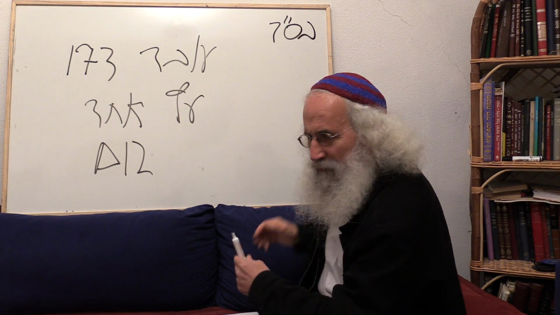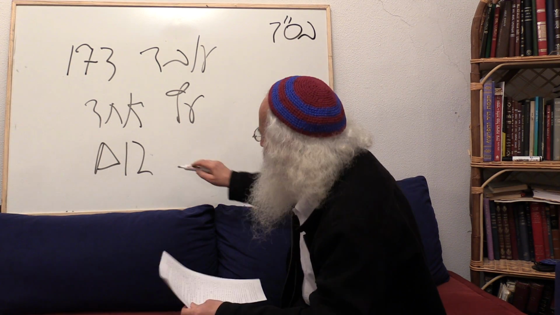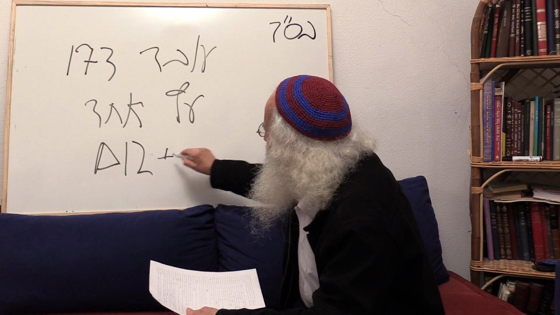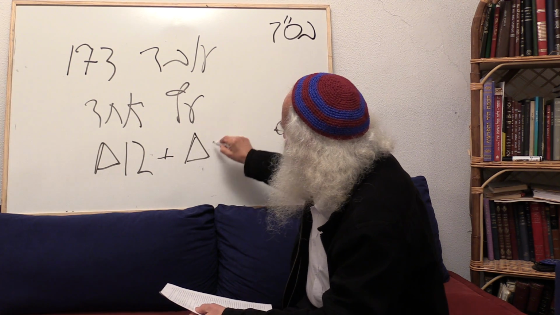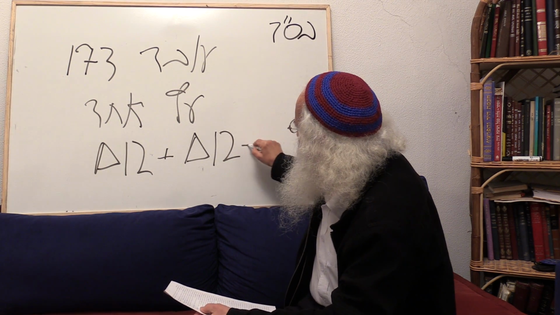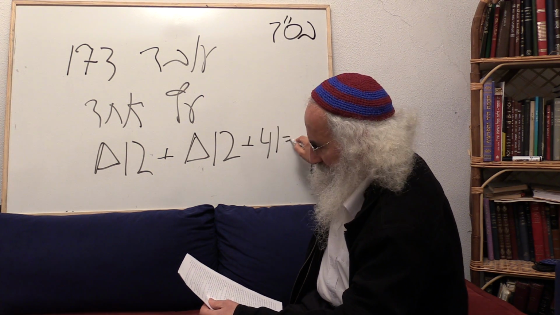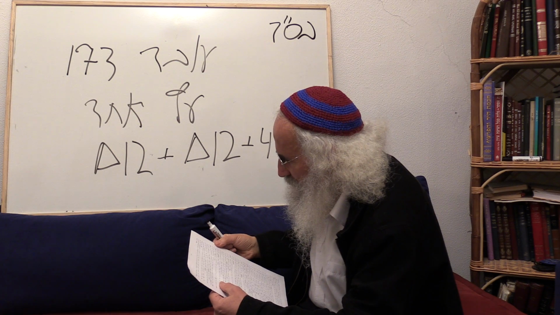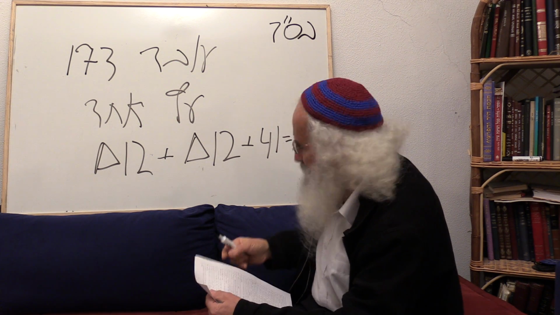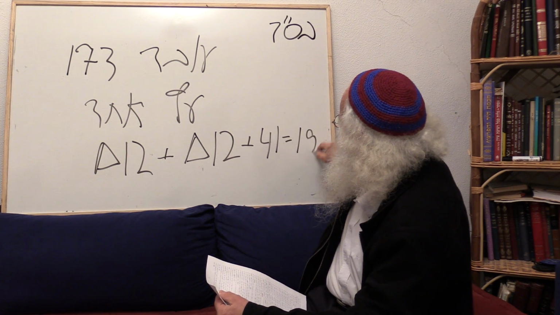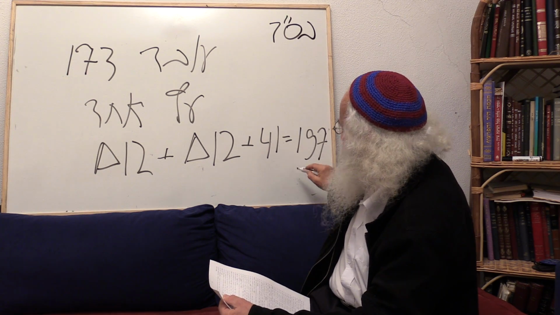Yishai is important, so we get a little bit more into detail. Plus triangle of 12 plus 41 that equals 197. What is Emmanuel?